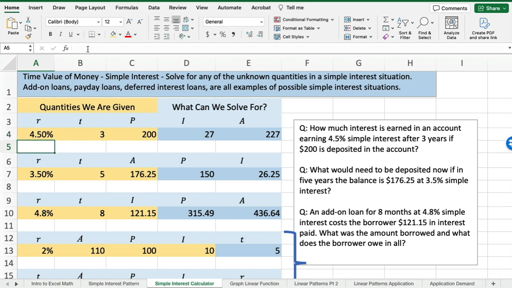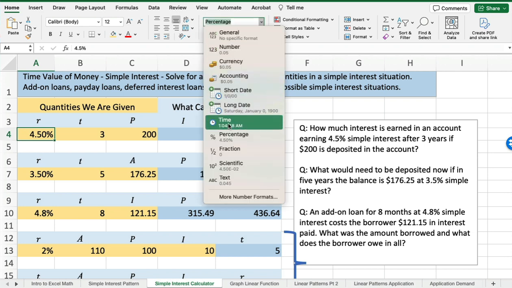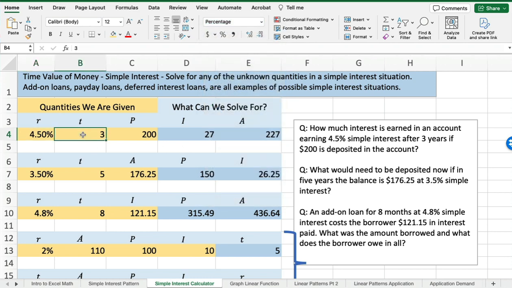And Excel immediately formatted that cell as a percentage. Under all of our different number formats, there is a number format for percentage. So the minute that you type in the percent symbol next to a number, Excel will read that as a percentage. Time is 3 years, so that's pretty clear from the problem.